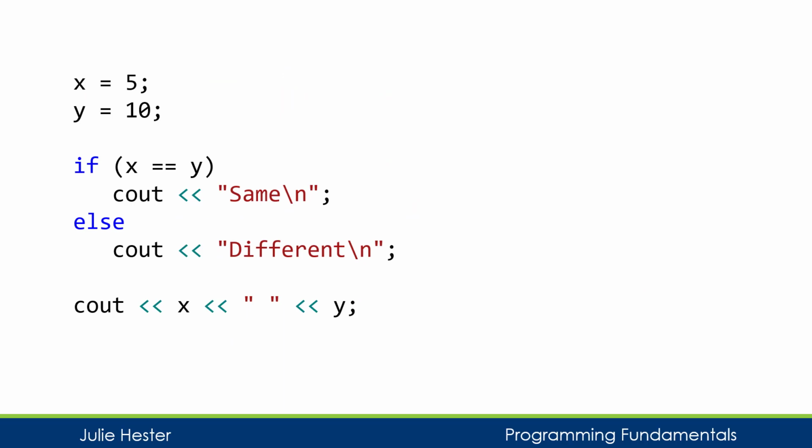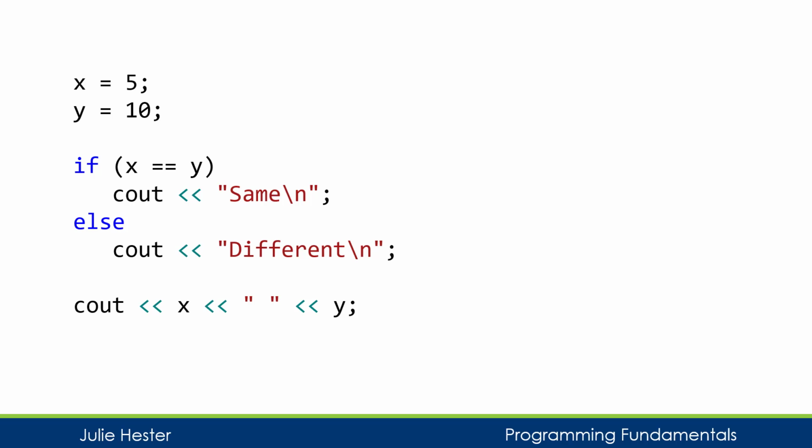So let's look at how we can use the equivalence operator in code. I want to compare variables x and y, and if they're the same, I want to display that they're the same, or I want to display that they're different, and then I want to show their values. At the top here, I'm giving x the value of 5 and y the value of 10.